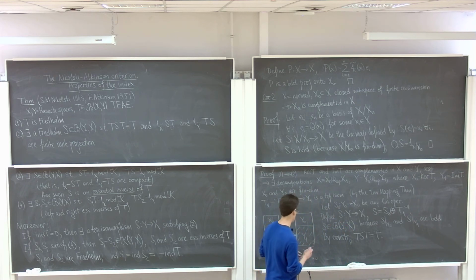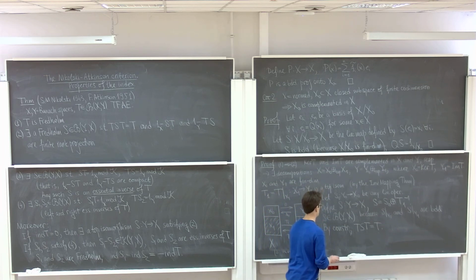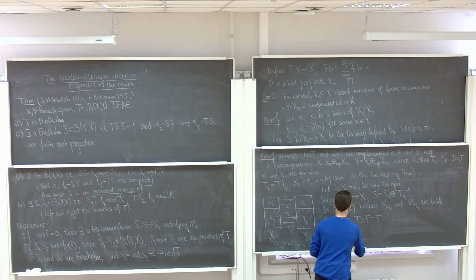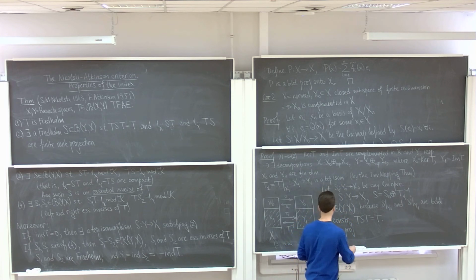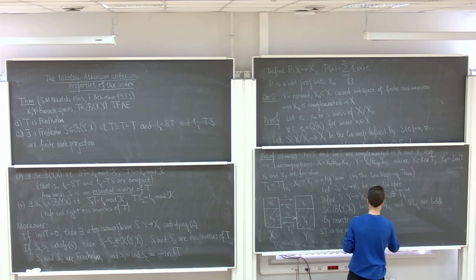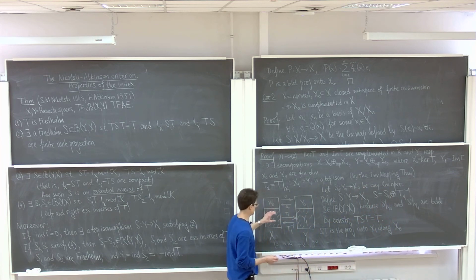So if we look at, for example, ST, so what is ST? ST is the projection onto x1 along x0. So it takes x0 to 0, and it is the identity map on x1.